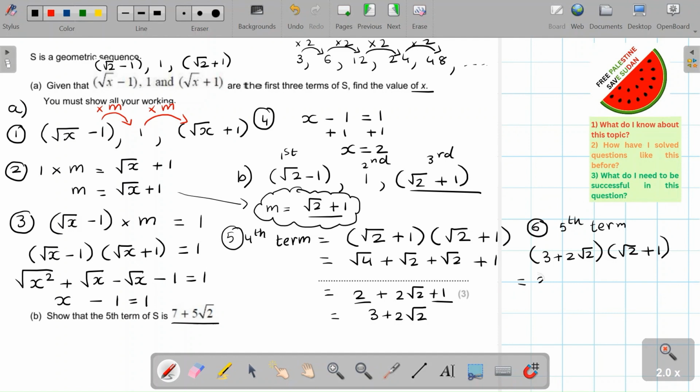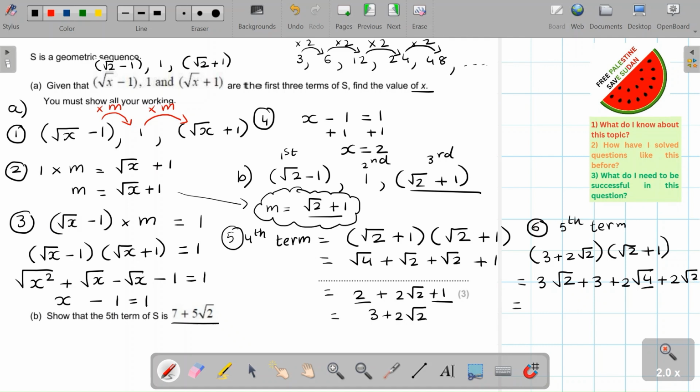So 3 times square root 2 is 3 root 2. 3 times 1 is 3. 2 root 2 times root 2 is 2 root 4. And 2 root 2 times 1 is 2 root 2.